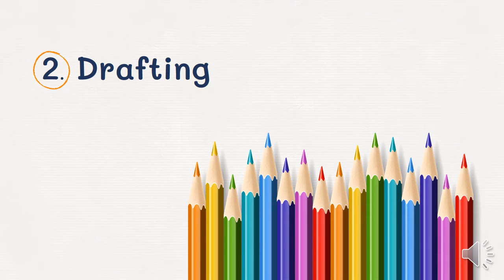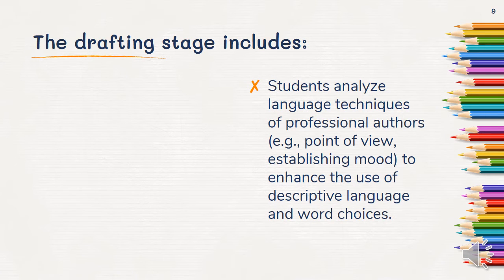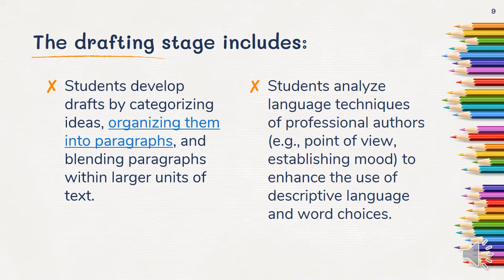If they are going to write a narrative passage, it has to follow a sequence. Number two, the drafting. The drafting stage includes students developing drafts by categorizing ideas, organizing them into paragraphs, and blending paragraphs within larger units of text.